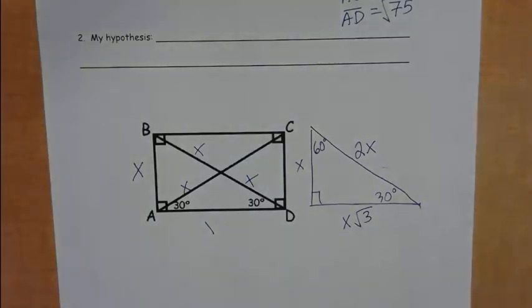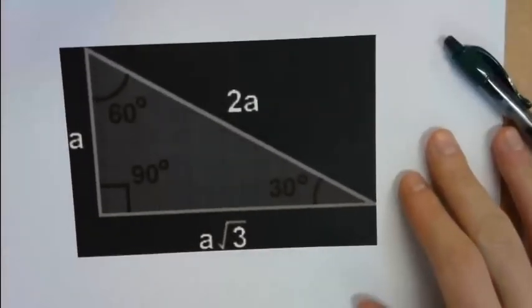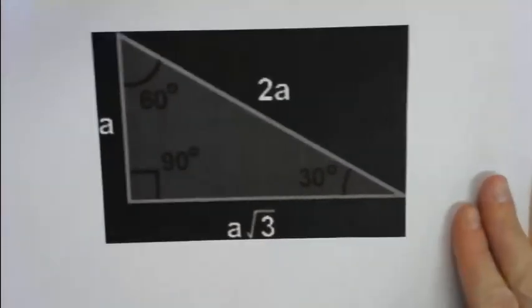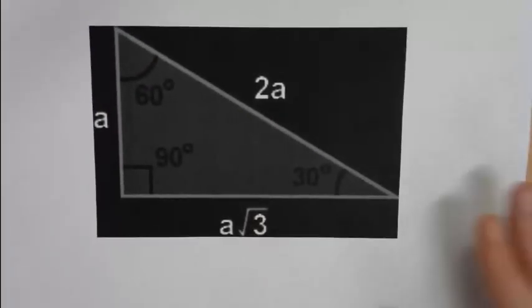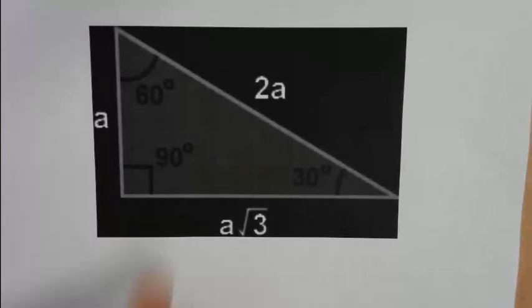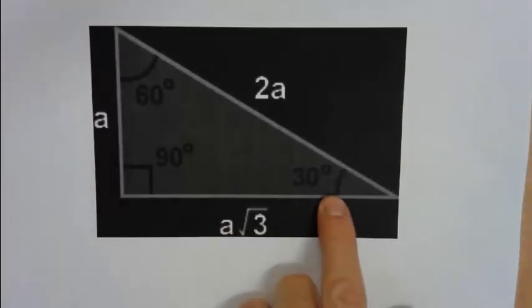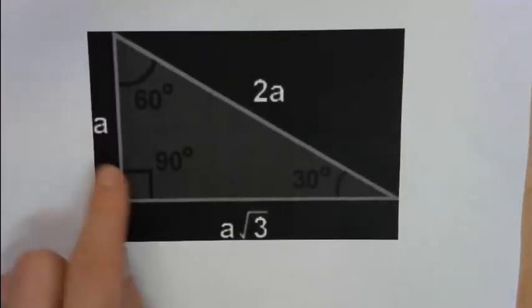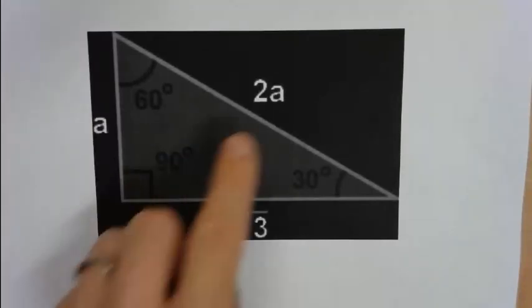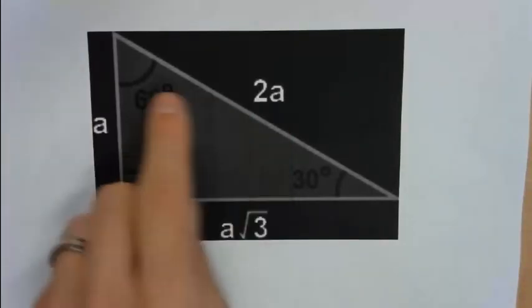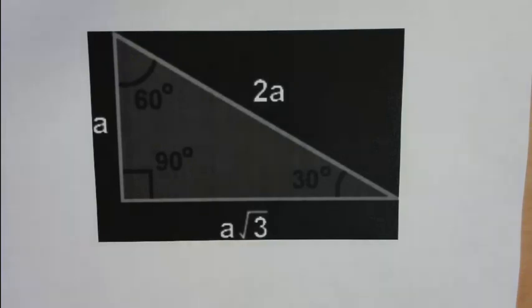Now we can grab a bigger picture of this pattern right here. So this is where you really want to be taking this down in your notes, because across from 30 degrees is just A. Across from 90 degrees is double that, or 2A. And across from 60 degrees is A times the square root of 3.